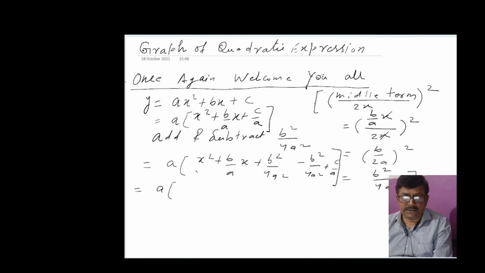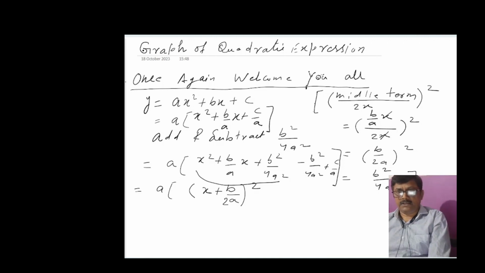Now you can see these three terms make a perfect square. These three terms are the perfect square of x plus b upon 2a, whole square.